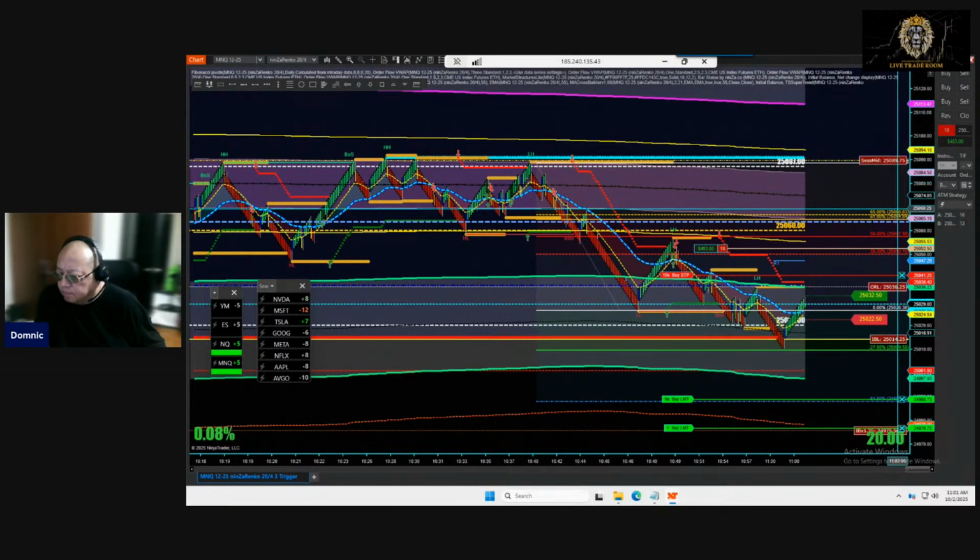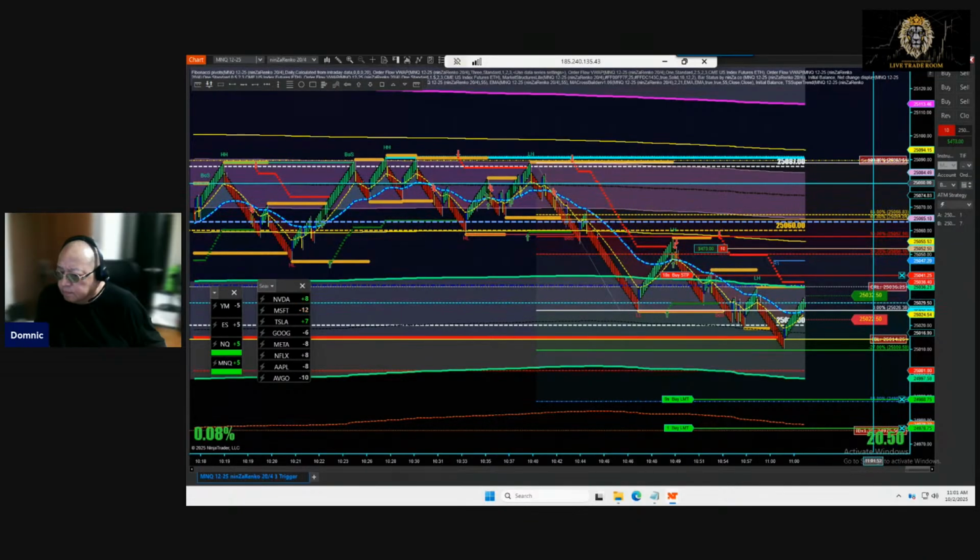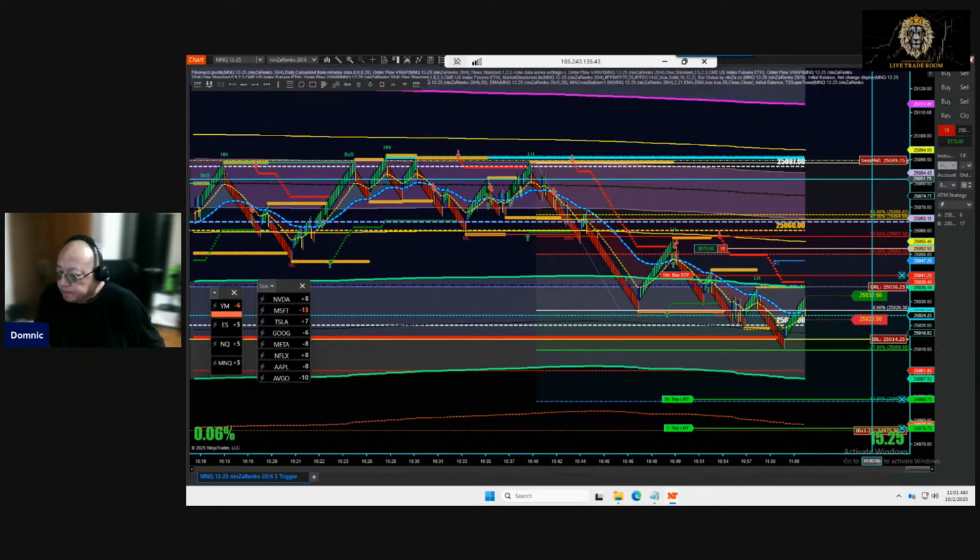Hmm. We see a reversal bar to the downside to continue this trend. Nope, we didn't get it.